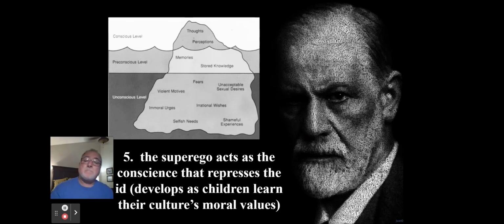You know what I mean? So the superego allows us to develop our moral filters, to figure out how society works and how we're supposed to behave in society, and according to Freud, that's what the superego is for.